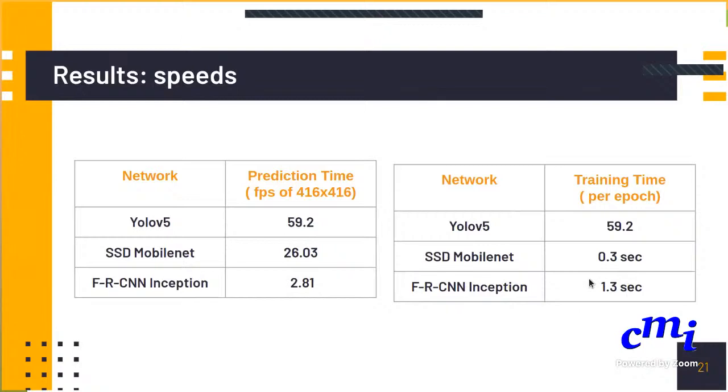Even though it takes 1.3 seconds per epoch, we went for the same number of epochs for both models. One more thing is that we trained YOLO V5 for only 50 epochs, and the result is still better than all the other SSD and Faster RCNN.